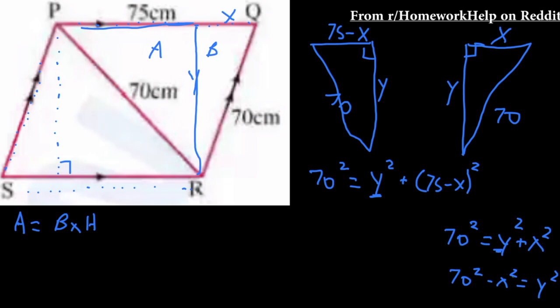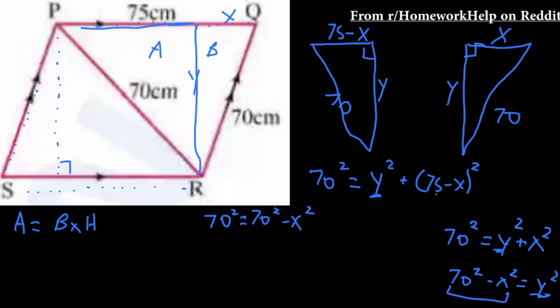Remember, all of this is equal to y squared. So we're going to substitute this whole section into y squared. I'm going to continue the calculations down here. So 70 squared equals, and y squared is now 70 squared minus x squared.